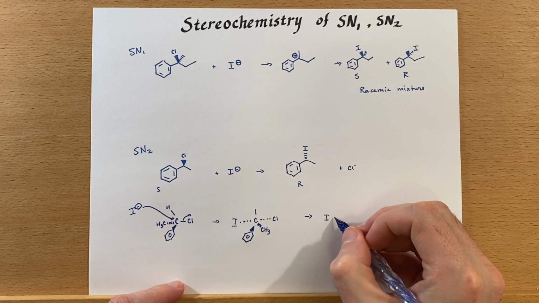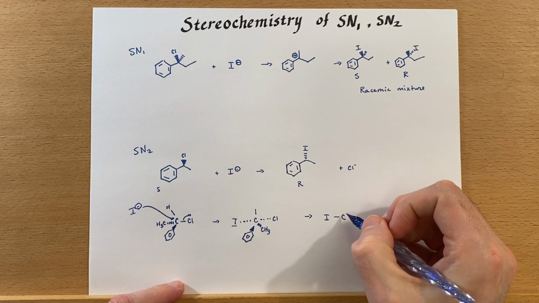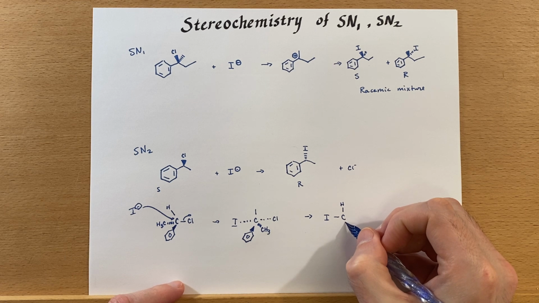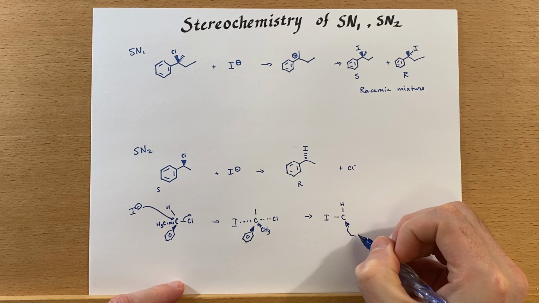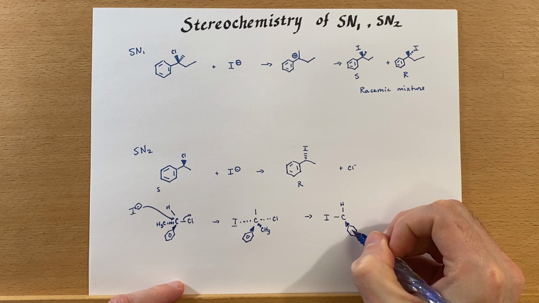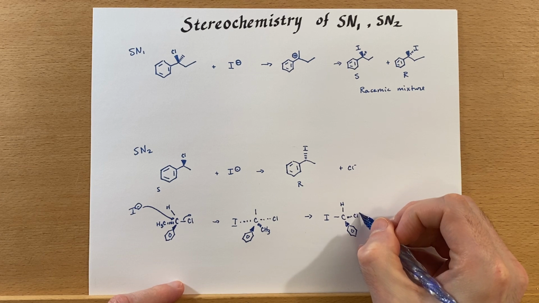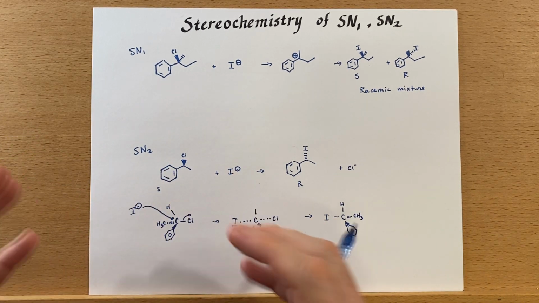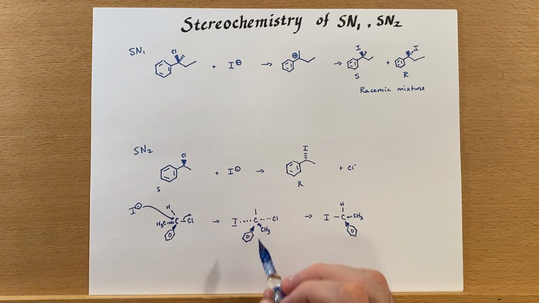We have our iodine here, and it's now bound to the carbon. We have our hydrogen up there, and over here we have our phenyl group. And back over here, we have our methyl group. So you can see how it's flipped the direction, like an umbrella turning inside out.